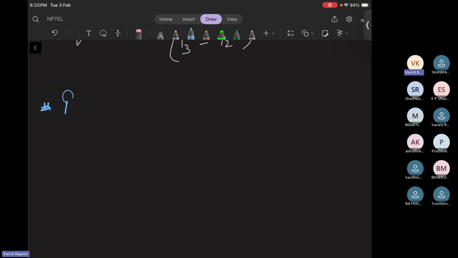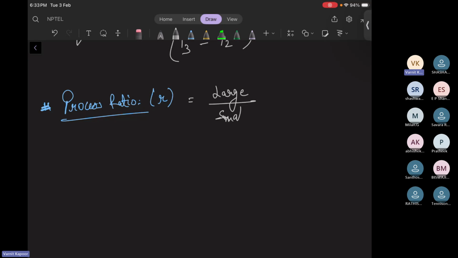Process ratio, specifically denoted by symbol R, is nothing but the ratio of a large value to a small value, large to small. So eventually your process ratio is always greater than 1.